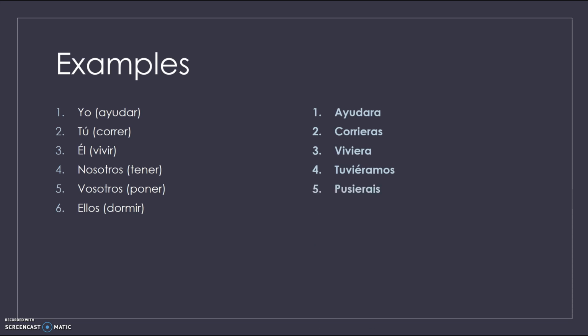Poner became pusieron. Well, now we drop the on, pusier, and we add ais, pusierais. Dormir is a stem changer, durmieron. I drop the on, durmier, and I add the an ending, durmieran.